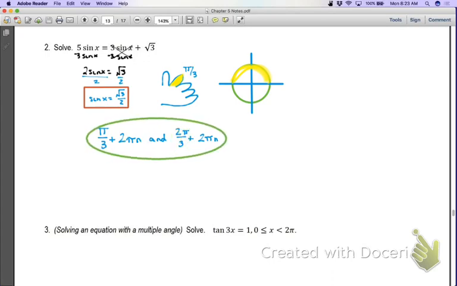If it just asks for the spots between 0 and 2 pi, the only thing you need to worry about is here and here. If it asks for all solutions, you need to tack on the 2 pi n.